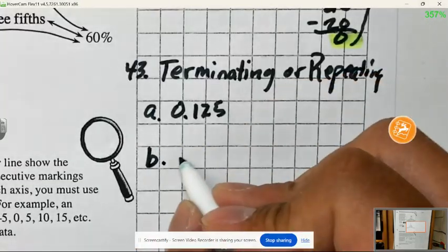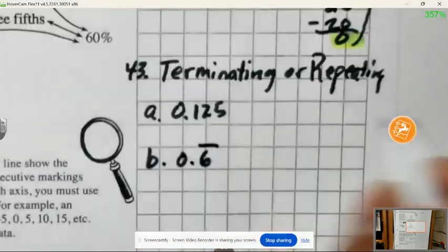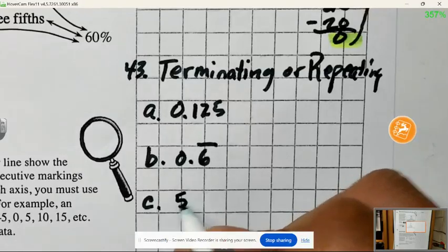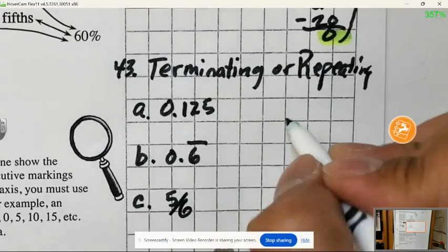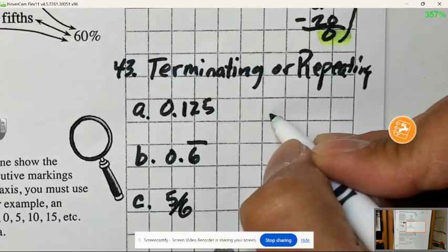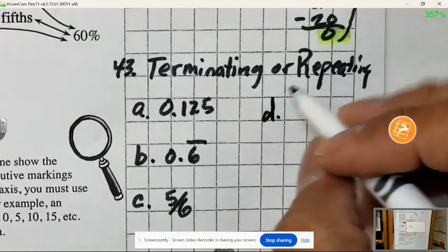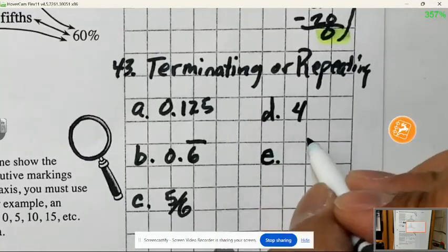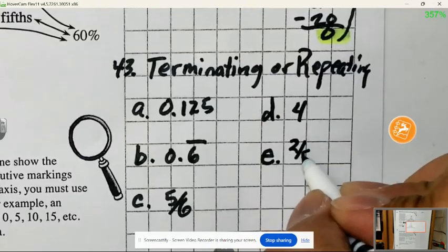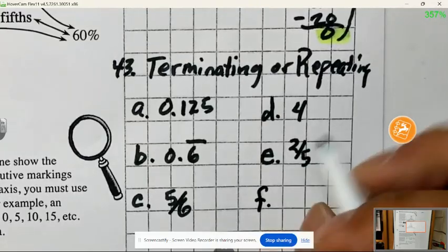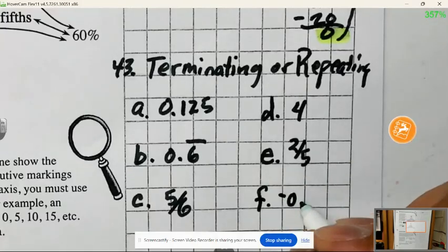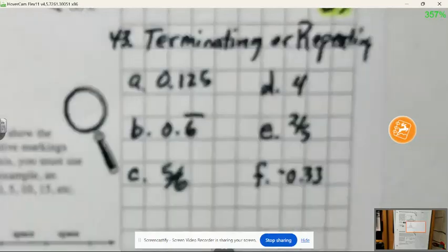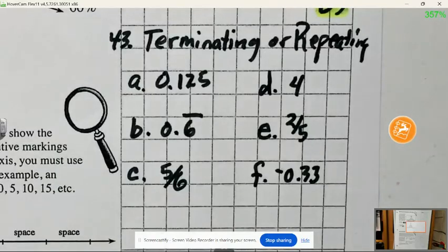B is 0.6 with a bar. C is 5/6. D is 4. E is 2/5. And F is negative 0.33. Okay, so look through those and tell me which is terminating, which is repeating.